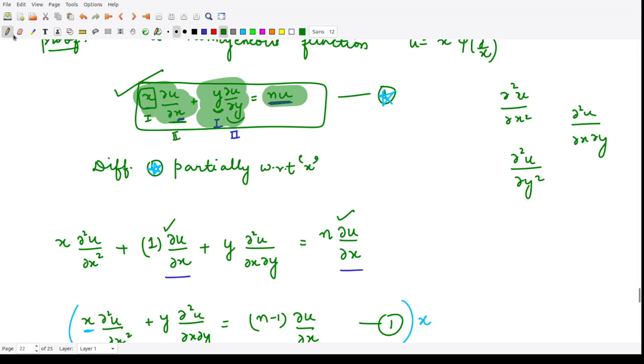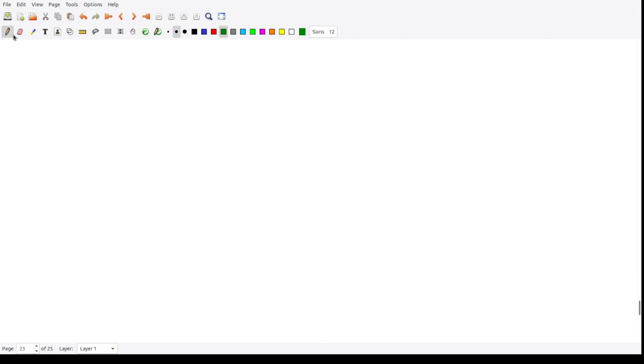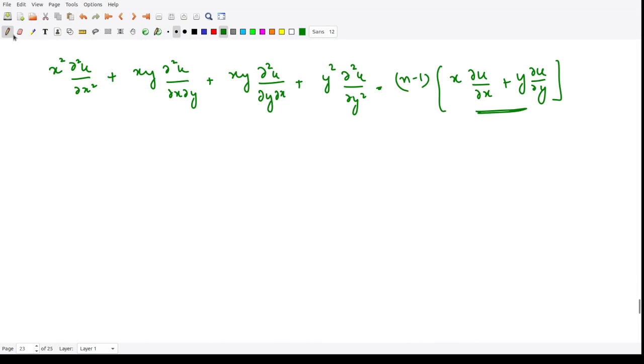Accordingly, this whole term becomes n into u. So this becomes n into n minus 1 into u.